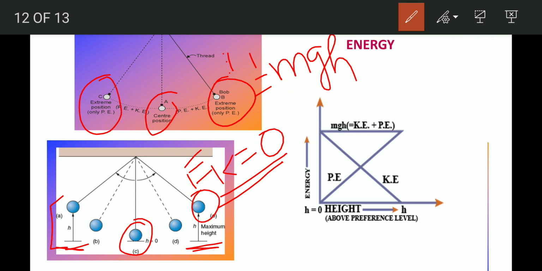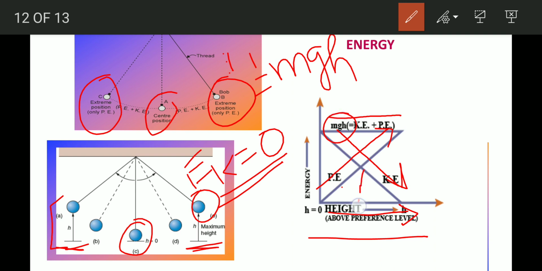And the same is depicted here in this graph. When height increases, the kinetic energy decreases, it falls, but potential energy increases. But at all points, the sum total of kinetic energy and potential energy remains the same, which is equal to mgh.